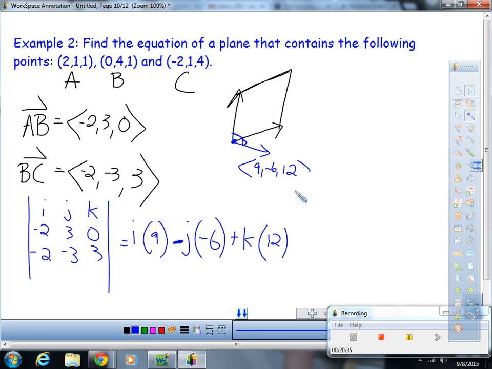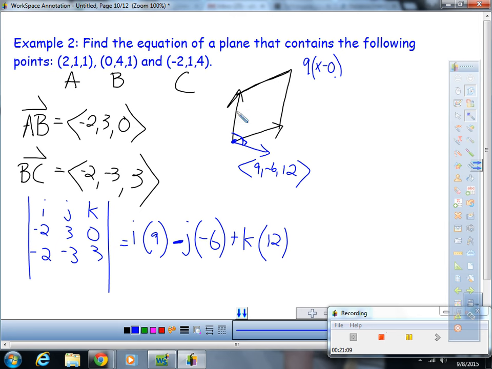So to find the equation of the plane, you can use any of those points, any of them. I'll use B because it contains a 0. So I can say 9 times x minus 0. Remember, the dot product has to equal 0. That's all we're saying. And we're trying to represent all the points in the plane, so we want x minus 0 to represent the first term of some vector in that plane.